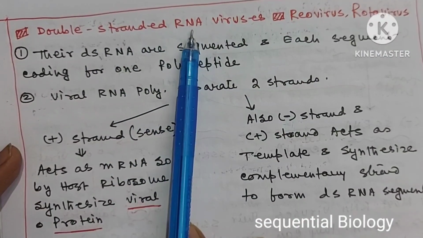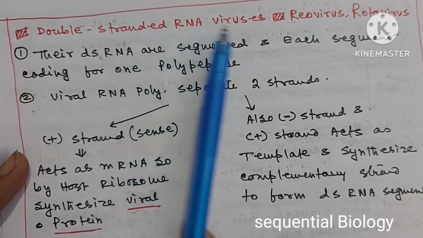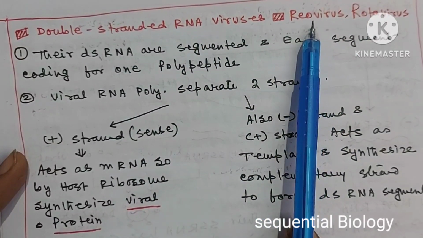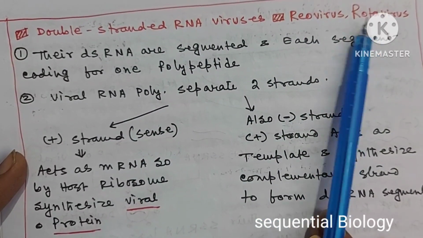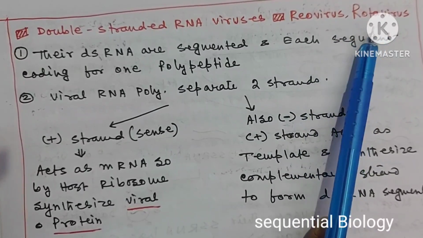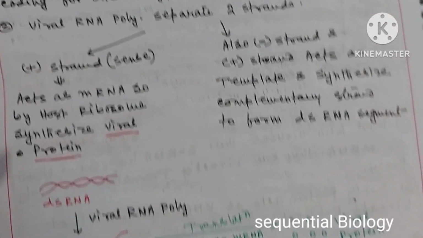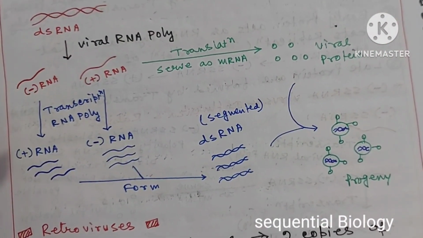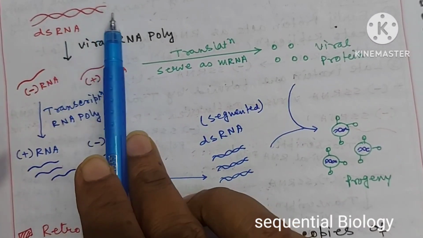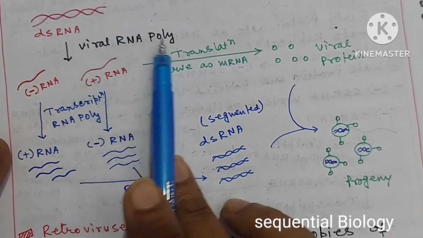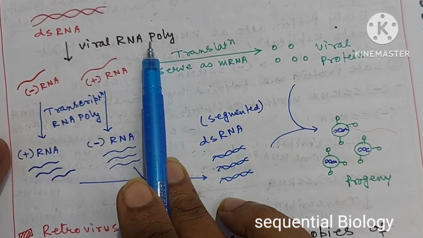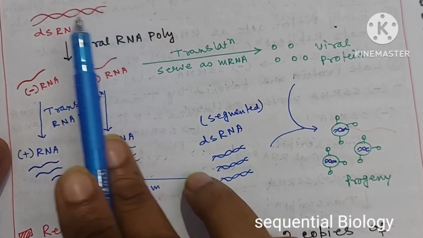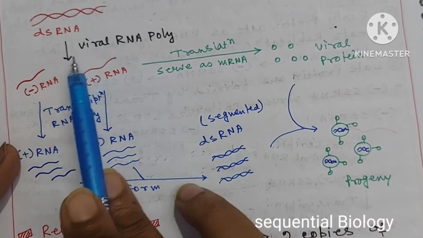Next, double-stranded RNA containing viruses. Examples of double-stranded RNA containing viruses are reovirus and rotavirus, and we will discuss how they reproduce inside the host cell. Now, first see the diagram. This is double-stranded RNA. Viral RNA polymerase causes transcription of this double-stranded RNA.